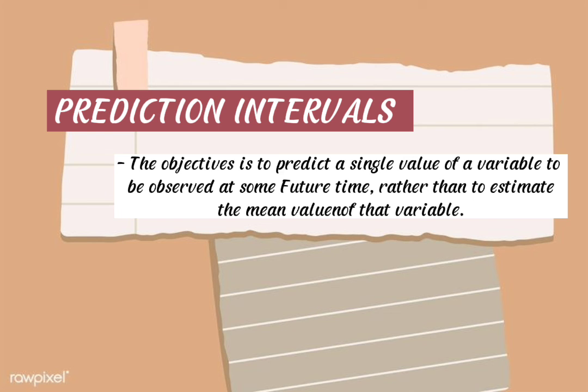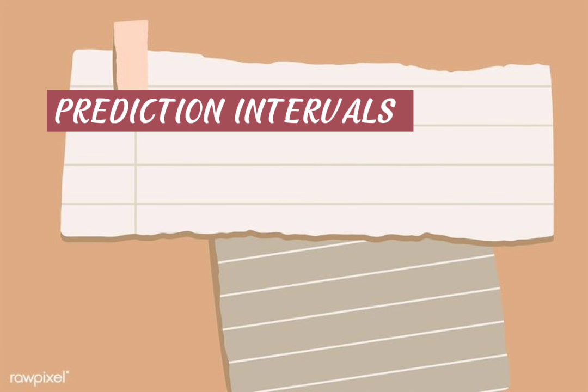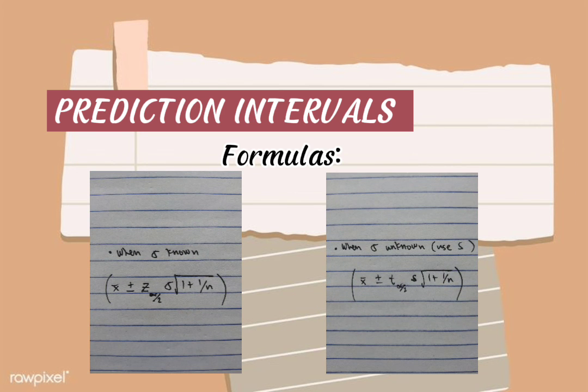And prediction intervals predict a future observation with unknown mean with 1 minus alpha percent confidence. So in prediction intervals we have a formula from a normal population distribution, but it depends on the case: when sigma is known and when sigma is unknown. When sigma is known, we use the z-score and we use sigma in our formula.